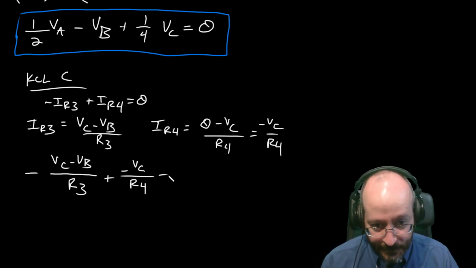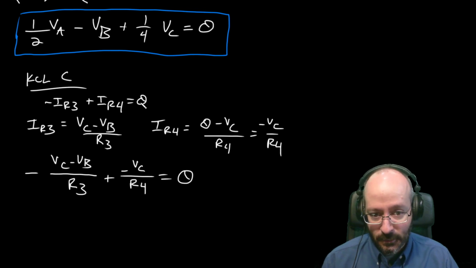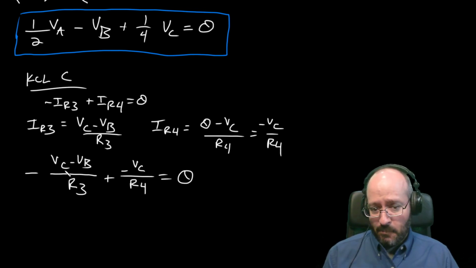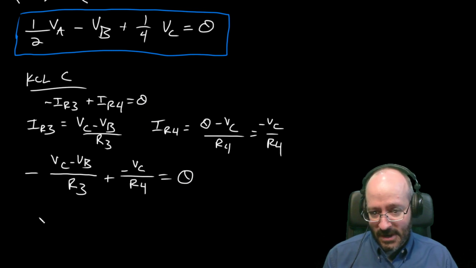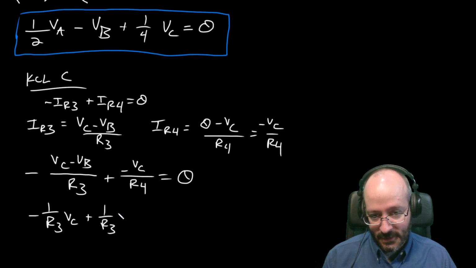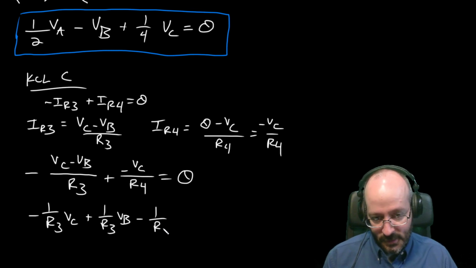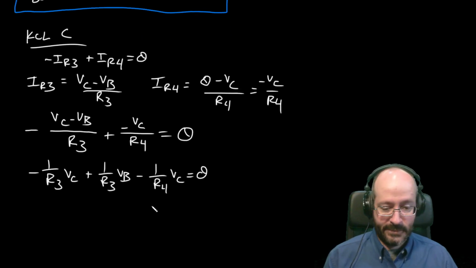That's the important thing. And that's equal to 0 from the equation we wrote up here. Breaking up the fractions, we get negative 1 over R3 VC plus 1 over R3 VB, because that negative sign distributes. And then we get negative 1 over R4 VC, and that's equal to 0.